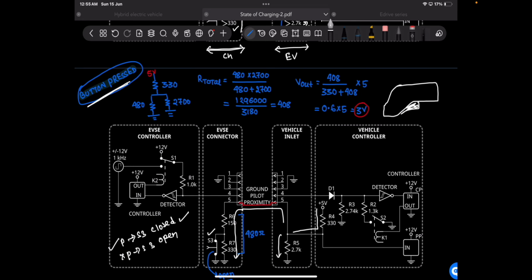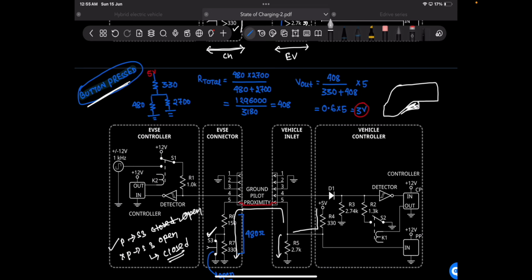If you press this button, then this S3 will get open, not closed. If you don't press that button, it will stay closed. So when you press this button, the circuit will get open.